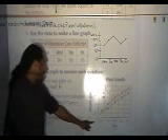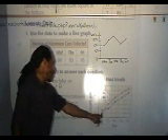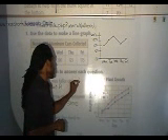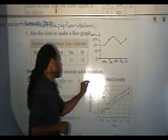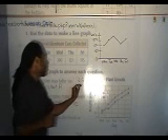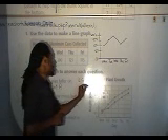Now, plant A, it was half inch on Monday, and it grew to 3 1/4 inches. Okay, so it went from 0.5 to 3.25. Okay, so that means it grew about 2.75 inches.